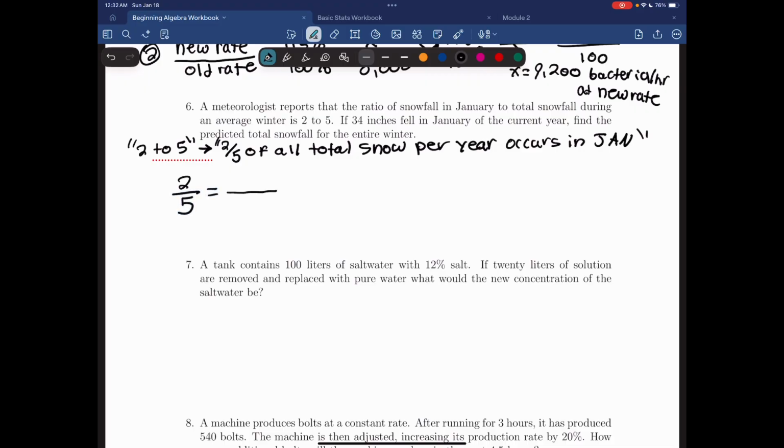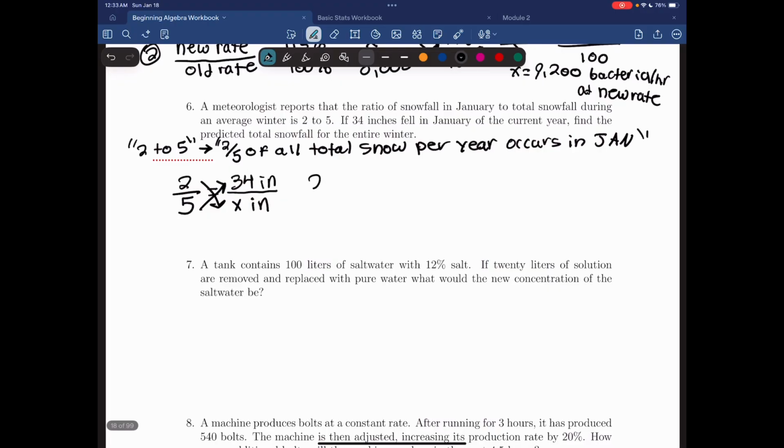So we're going to say that the numerator is 34 inches because that's how much snow fell in January. And we want to know how many inches in total we will get for that year in the winter, predicted. So to do that, to solve for x, we're just going to cross multiply.